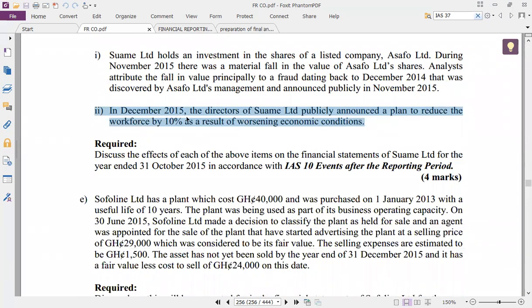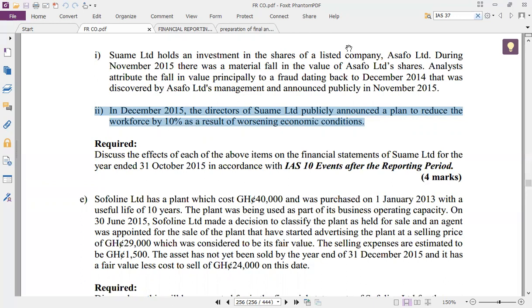In December 2015, the directors of Swan Limited publicly announced a plan to reduce the workforce by 10% as a result of worsening economic conditions. This event was reported at the same time under IAS 37.